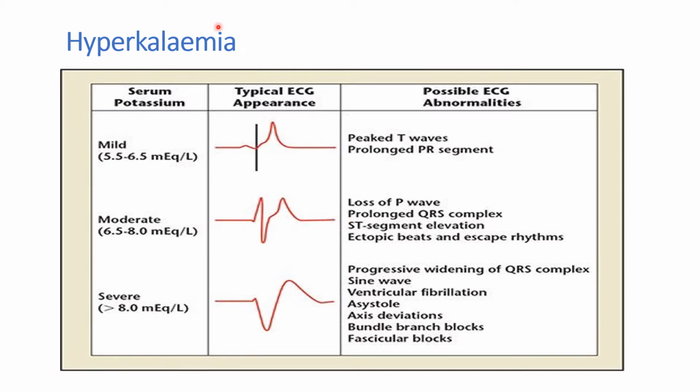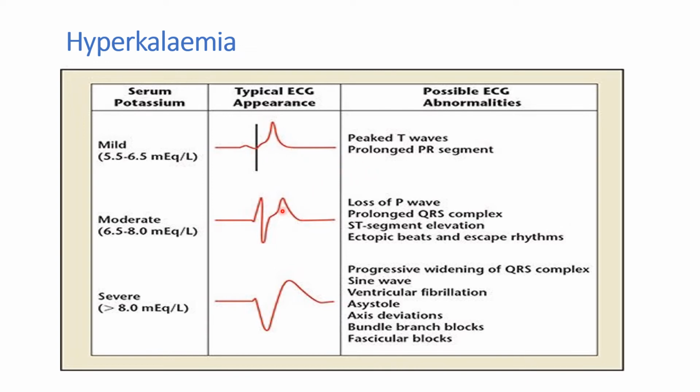In this table, you can clearly see serum potassium levels, typical ECG appearance, and the possible ECG abnormalities. If serum potassium level is between 5.5 to 6.5 milliequivalent per liter, you can see tall and peaked T waves and prolonged PR intervals.